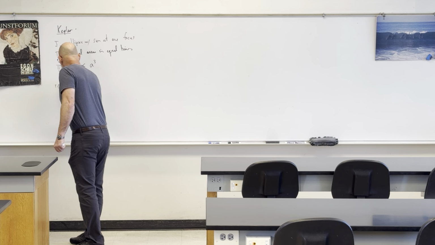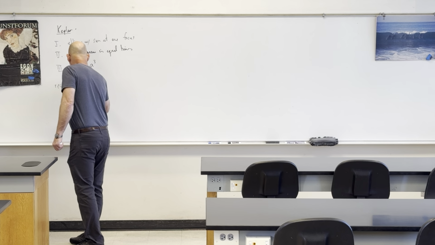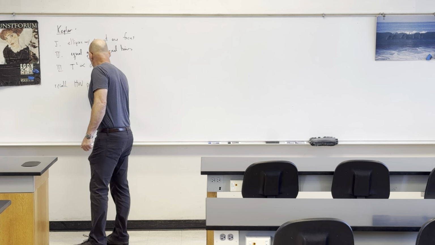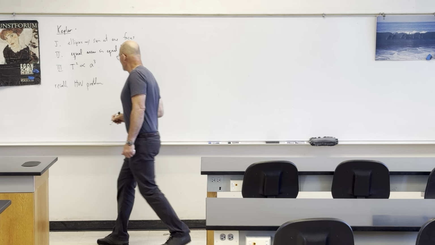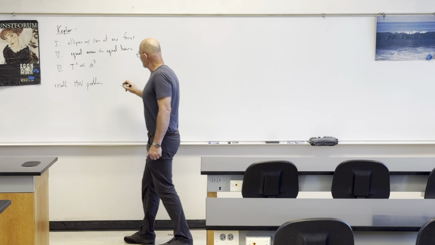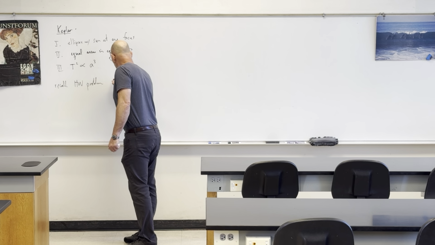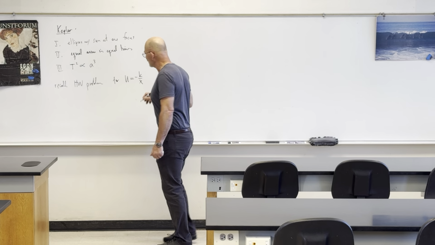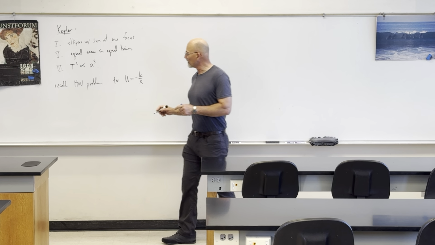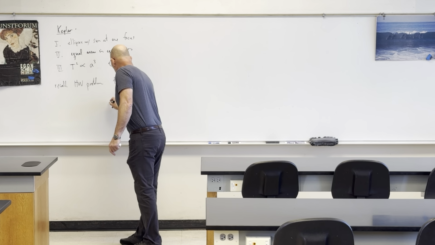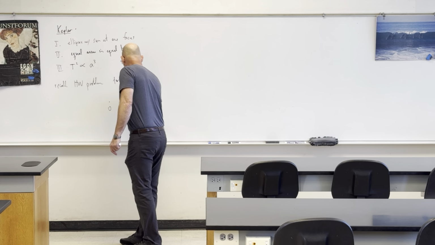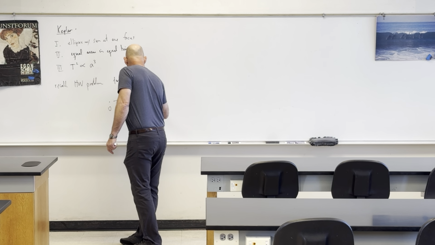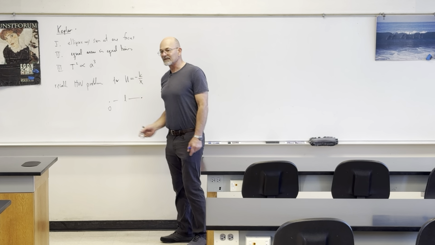So we recall the homework problem, and that problem was for U equals minus k over x. We were to find the time it takes for a particle at distance L to fall into a center of attraction.